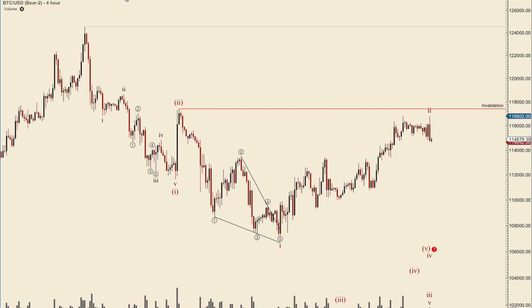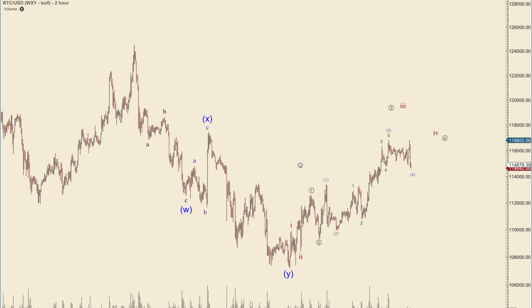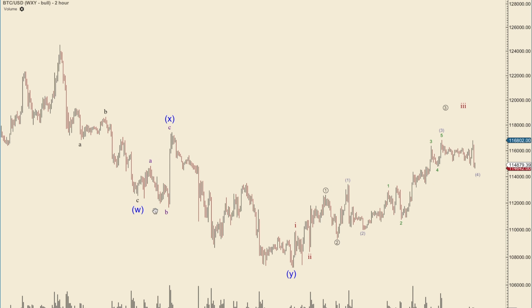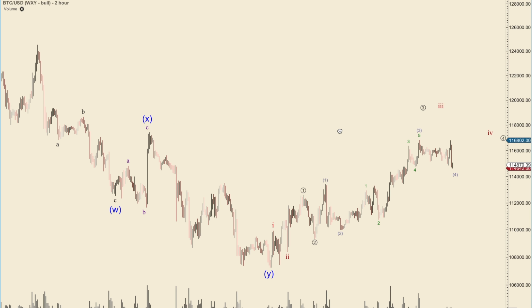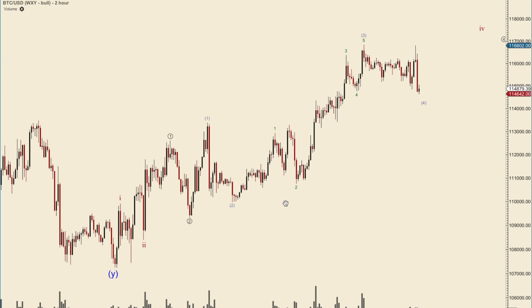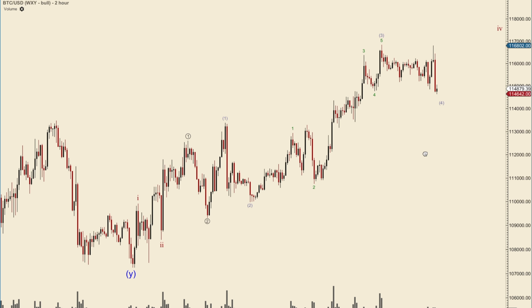And then you can count this move that happened in a few different ways. So here we count this as a finished WXY, double zigzag down, and then we have 1 2 1 2 1 2 1 2 3 4 5 3 4 5 3 4 5 3 4 5 and so on.